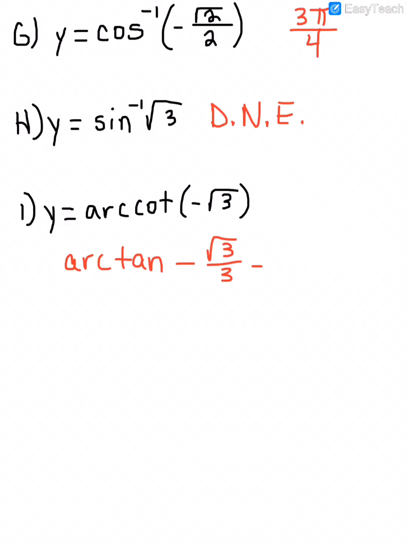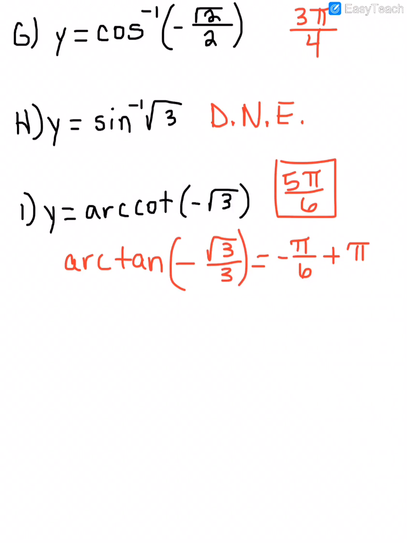And we know that the angle whose tangent is negative square root of 3 over 3 is -pi/6. Well, again, to get to cotangent, we're going to have to add pi. So if I add 1 pi to -pi/6, that would give me a positive 5pi/6.